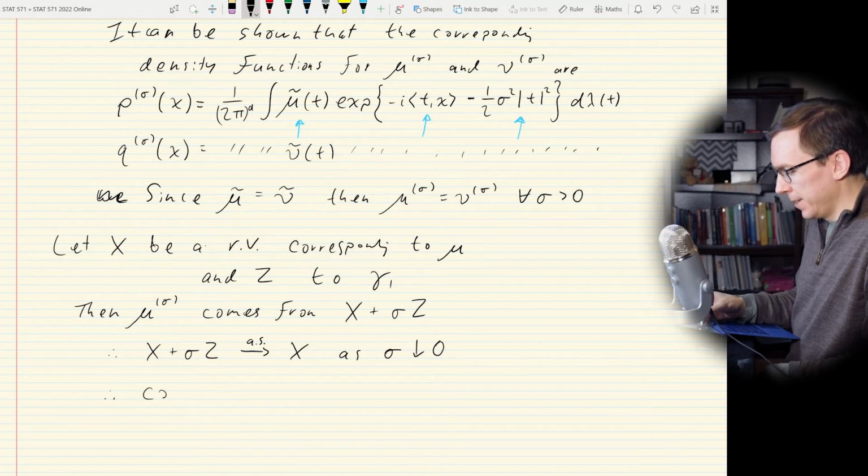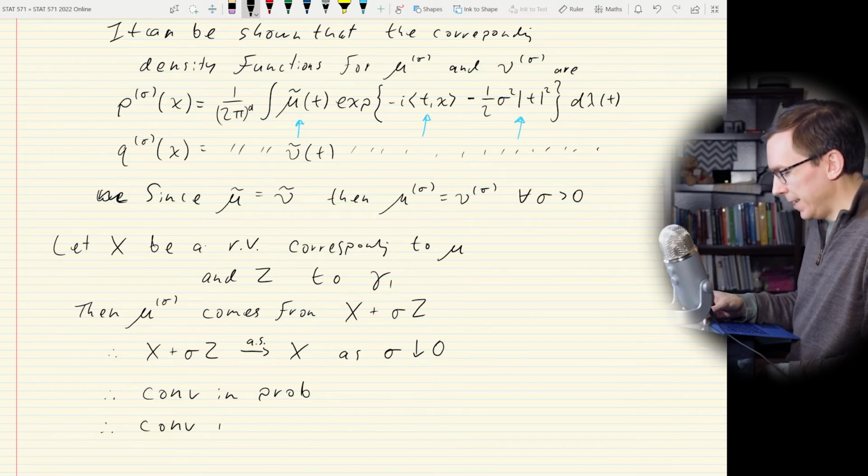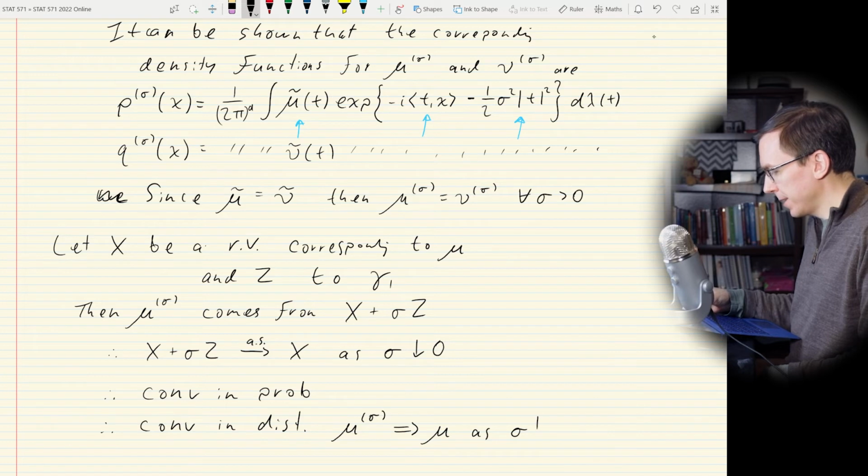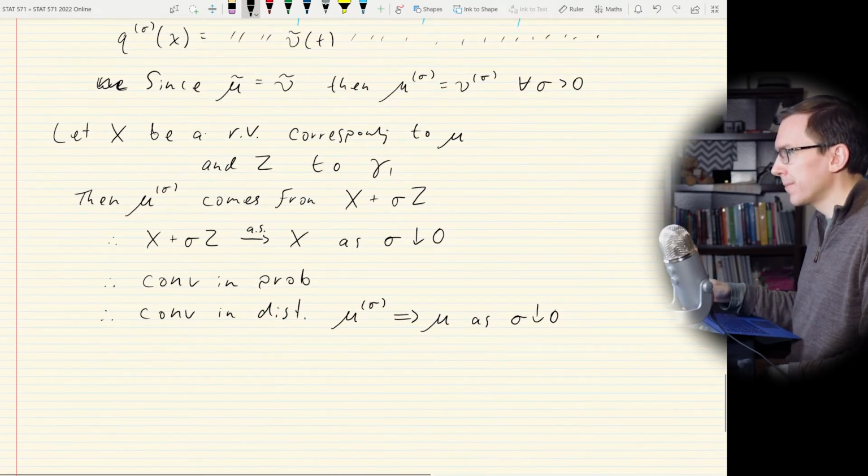Therefore, convergence in probability. Therefore, convergence in distribution, which means that mu sigma is going to converge weakly to mu as sigma goes to 0.